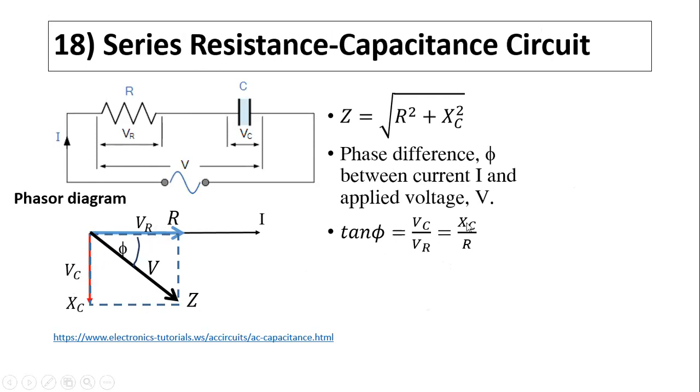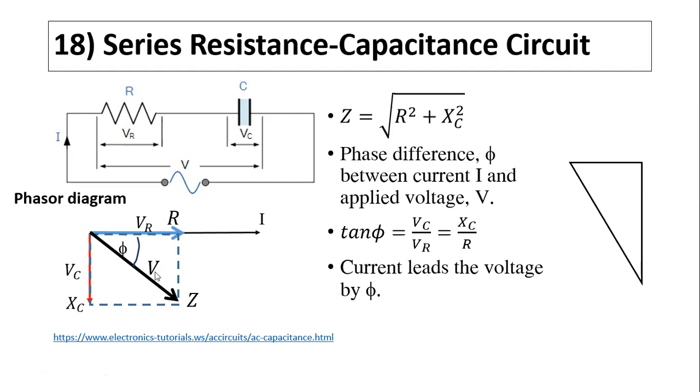VR is I times R. We can cancel the I, so it's just XC over R, that's all. Or if you don't want that, you can use cos phi equals VR over V. So it becomes R over Z, that's all. So current leads voltage by that phi angle. Yeah, that's your phase difference.